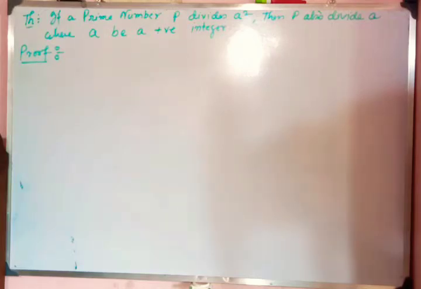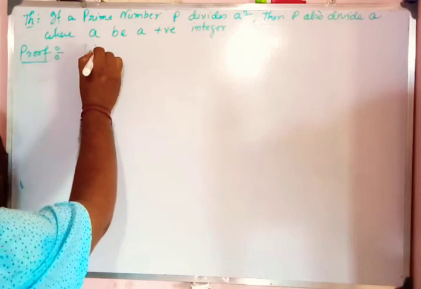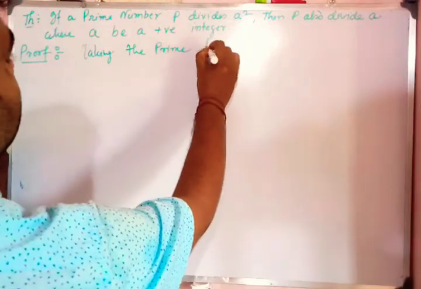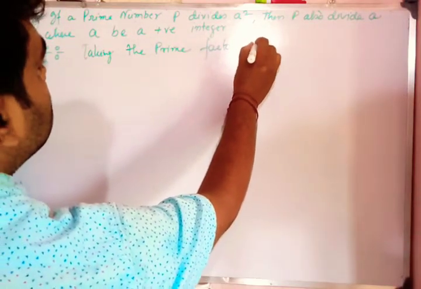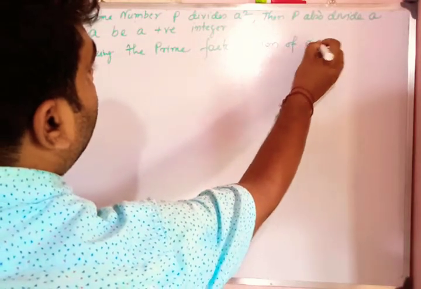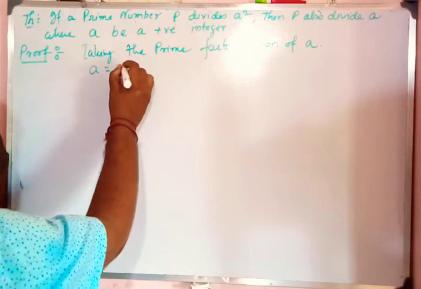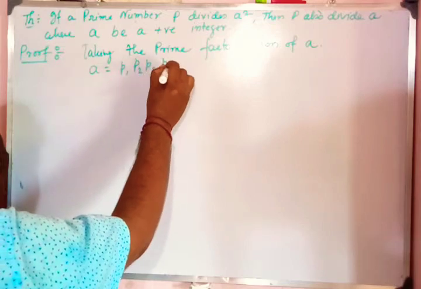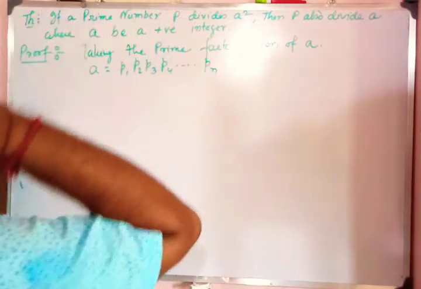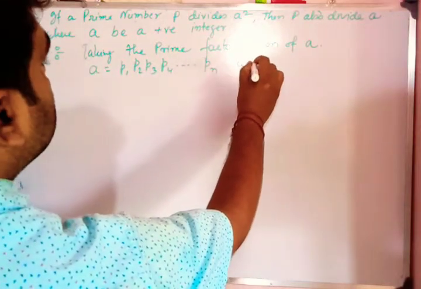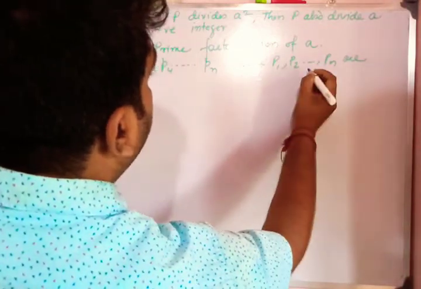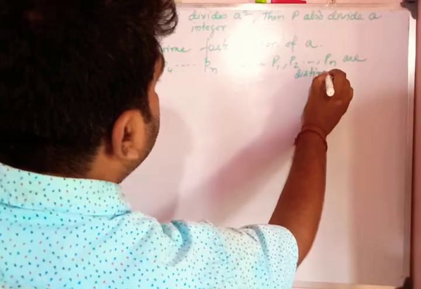So we are taking the prime factorization of a, that is a equal to p1 into p2 into p3 into p4 into dot dot dot pn, where p1, p2, dot dot dot pn are distinct primes.